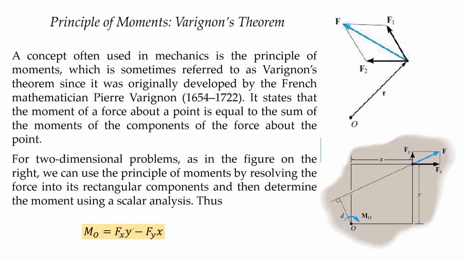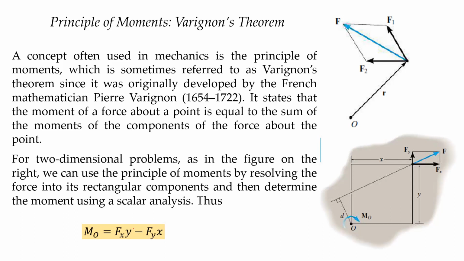Since it was originally developed by the French mathematician Pierre Varignon, it states that the moment of a force about a point is equal to the sum of the moments of the components of that same force about the point, especially for forces applied at a specific angle with respect to the horizontal or the vertical.